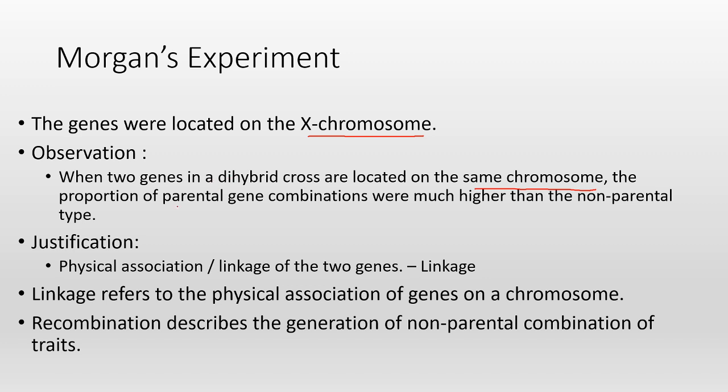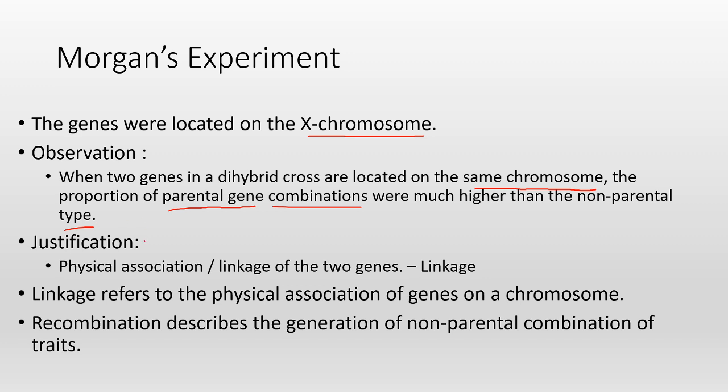The proportion of parental gene combinations, whatever combination of genes we had in the parent, was likely to be much higher than the non-parental type in the progeny. So when we talk about the F2 generation, we find more of the parental type of gene combination rather than new combinations, and that is the reason why we deviate from the 9 is to 3 to 3 to 1 ratio.